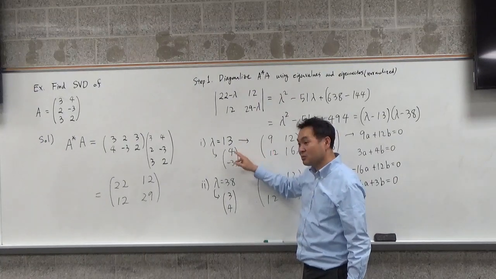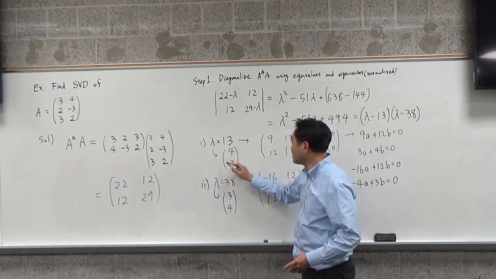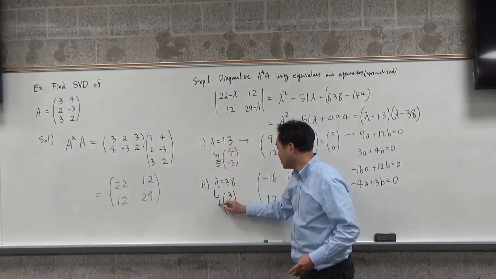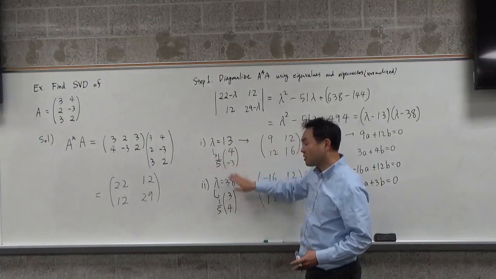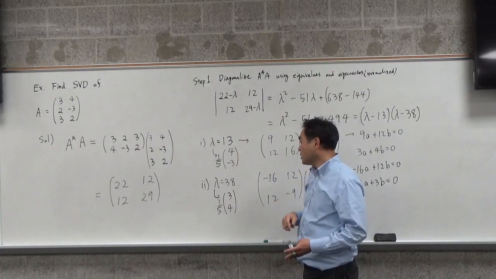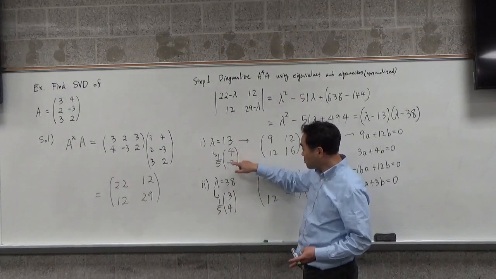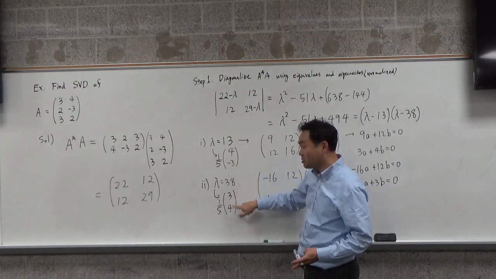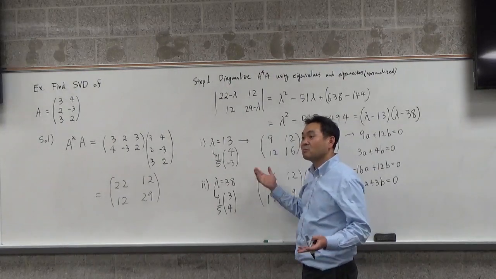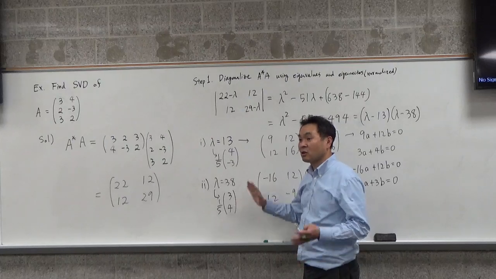So the length of these vectors is both 5. And therefore, if you divide by 5, these are unit vectors. Moreover, if you do a dot product between these two, it's 4 times 3 plus negative 3 times 4. What do you get? Plus 12 minus 12, you get 0, which means these two vectors are orthogonal.